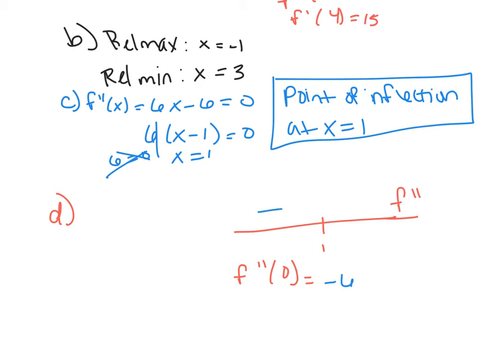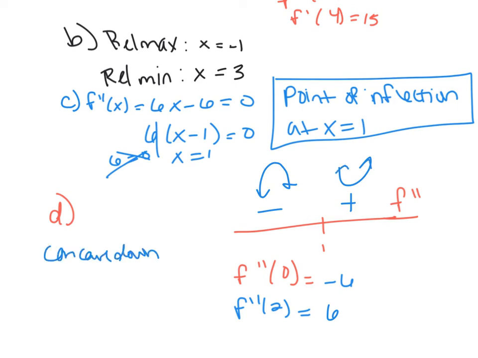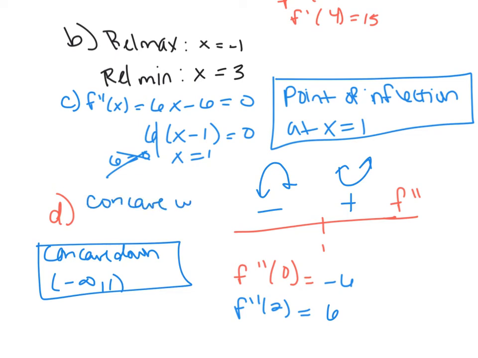Then I plug in 2 as well, because that's on the right side of 1. When I plug in 2, I get 6, which is positive. So I know that negative is concave down, because it's a sad face, and positive is concave up. So I would say concave down from -infinity to 1, and concave up from 1 to infinity.